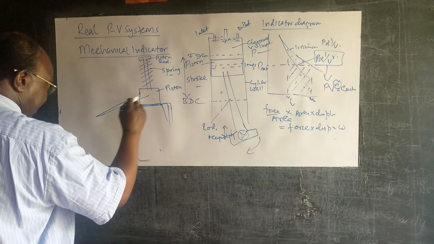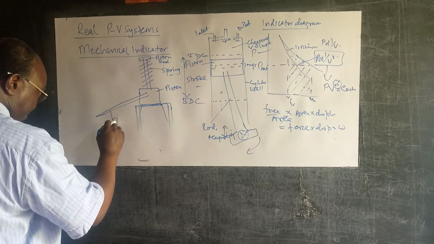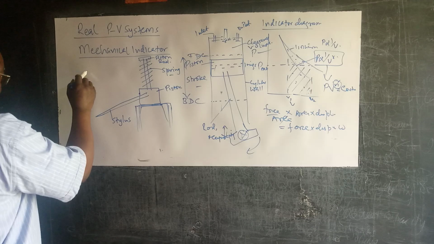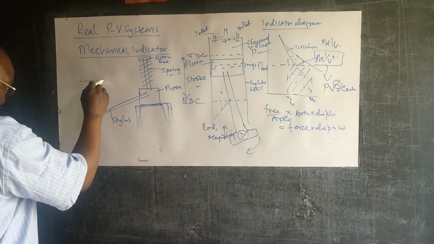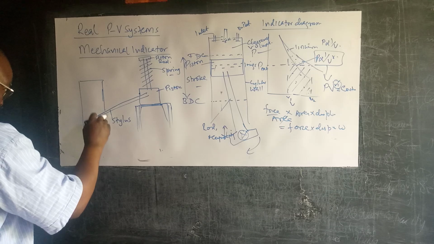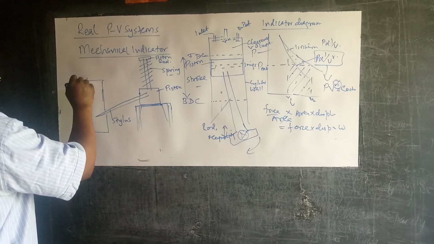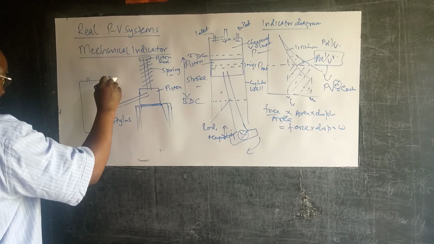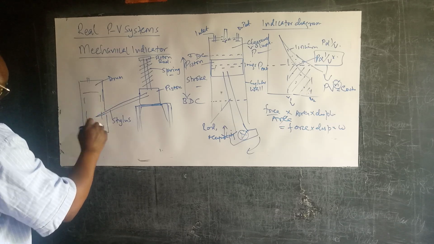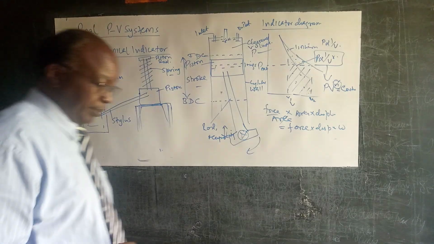Think of a stylus in layman's terms as a pen, which is able to draw something. And so we have this, our drum, our chart paper there.